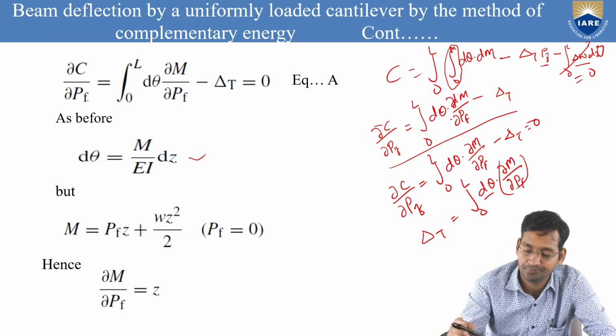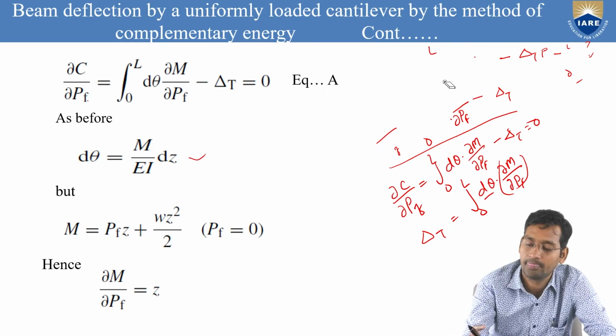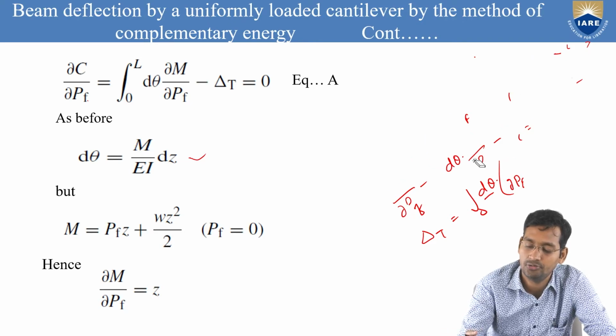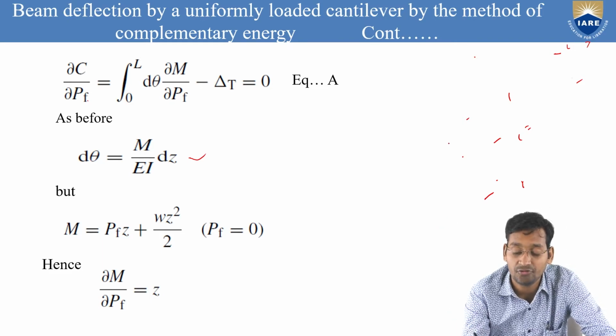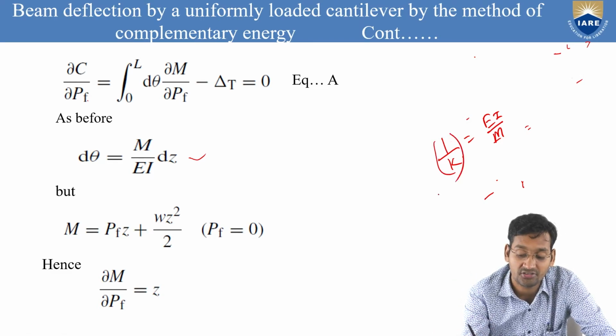How? In the previous video I explained, but again I am explaining here how to find this one. The radius of curvature was 1 by k, which equals EI by M from the bending moment equation. So this is 1 by k, and 1 by k was the radius, right? We know that θ equals L by r.